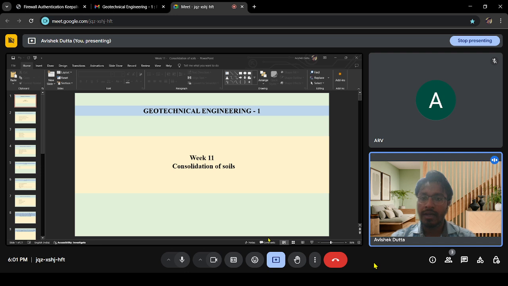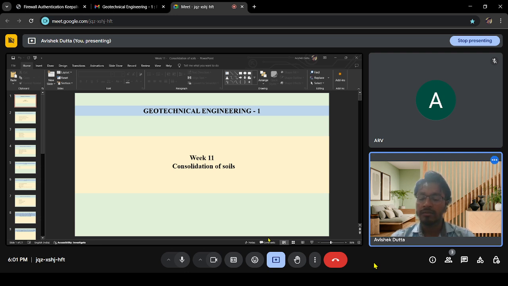I've already covered Boussinesq's theory, Newmark's chart, Westergaard's theory, and now coming to consolidation. This chapter, consolidation and soil settlement, has been divided into two parts according to the NPTEL syllabus.